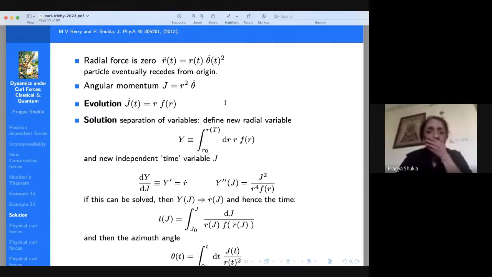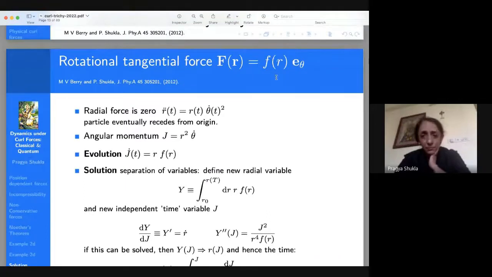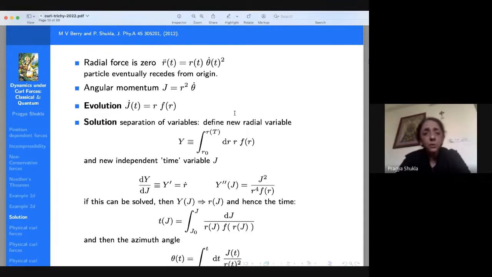Okay, so actually you can write it, because the radial force is 0. There is no component, it is only the angular component, there is no force in the radial direction. So you can write down the acceleration. Acceleration turns out to be of this form. Now the typical definition of the angular momentum is J, r squared theta dot. Now you consider its evolution.